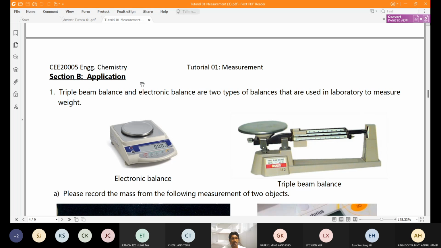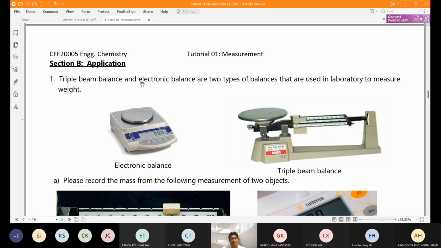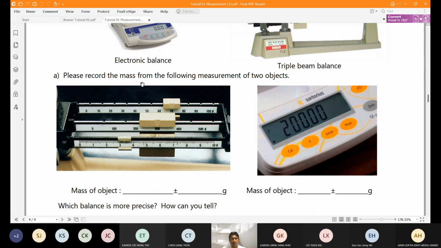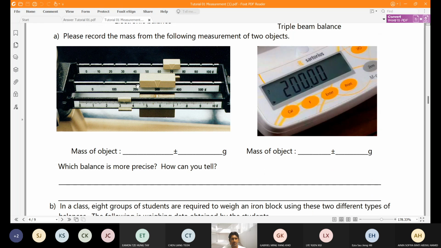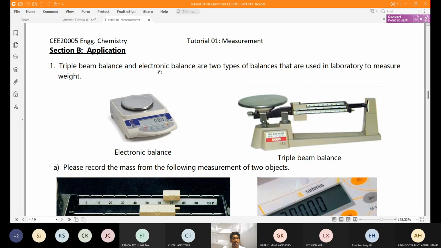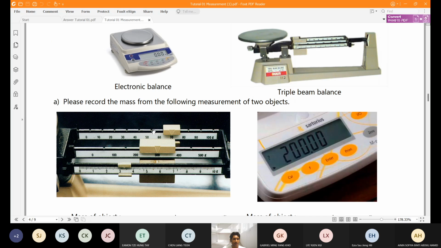Application. Those types of measurement considerations we can apply to the electronic balance. Triple beam balance and electronic balance are two types of balances that are used in the laboratory to measure weight. Electronic balance, triple beam balance. Please record the mass from the following measurement of two objects.